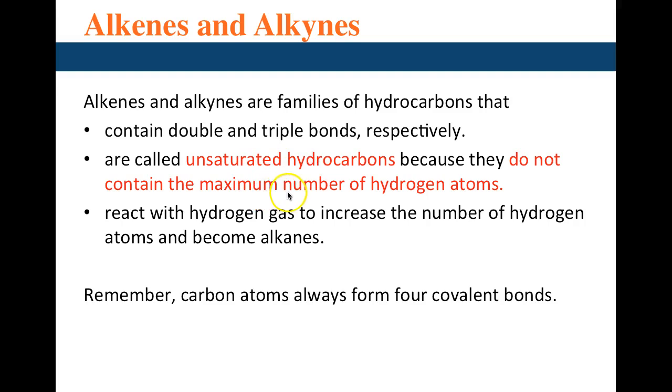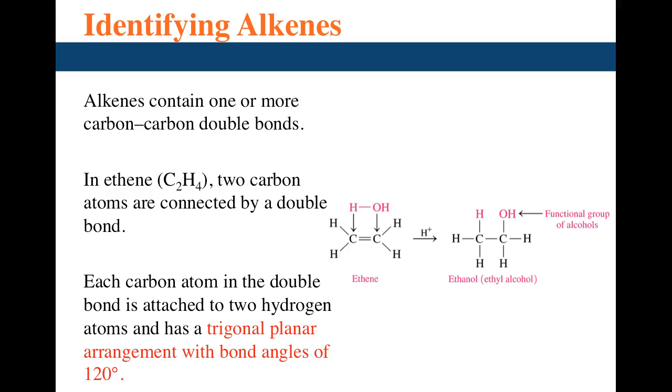So they're unsaturated hydrocarbons. They don't contain the maximum number of hydrogen atoms to have all single bonds, okay? So that means they can react with hydrogen gas and increase that number of hydrogen atoms and become saturated, or alkane single bonds, okay? So you can't have an alkene with just one carbon, so the minimum is 2 carbons.